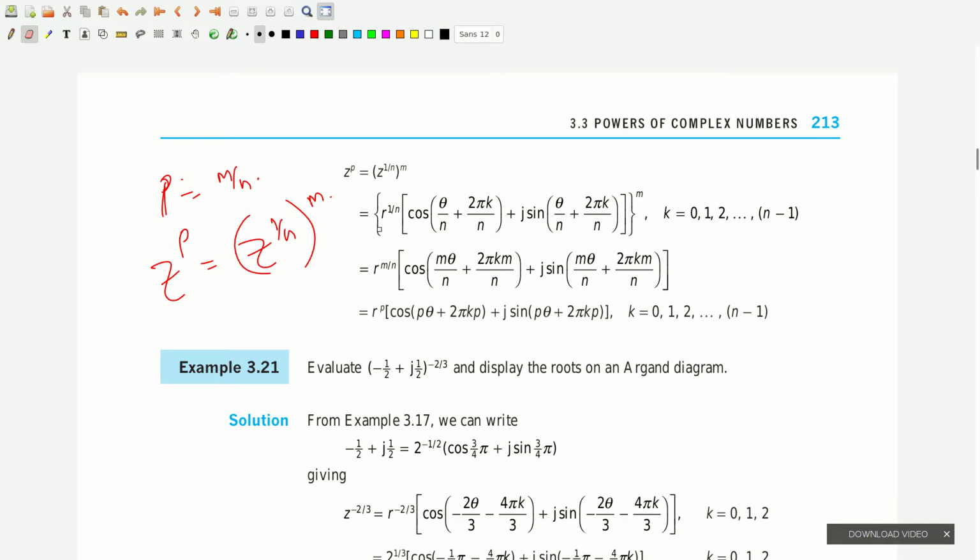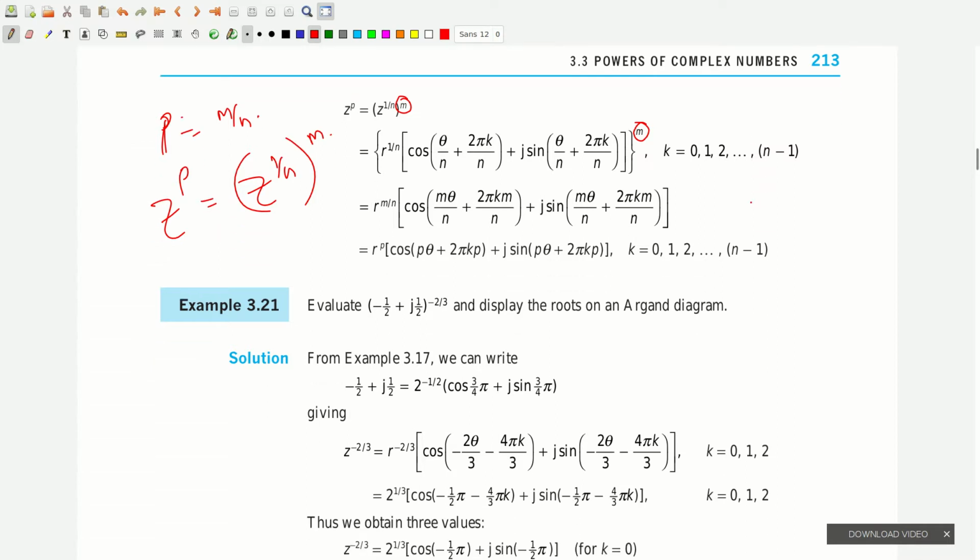Now after doing that, we have to raise it to the power m. Remember, this is valid for k equals 0, 1, 2 up to n minus 1. So if we raise it to the mth power, we make use of what we have already seen from De Moivre's theorem, the first thing we did.